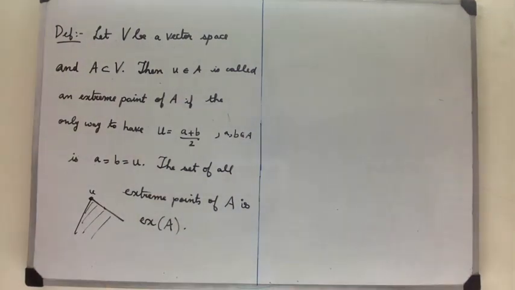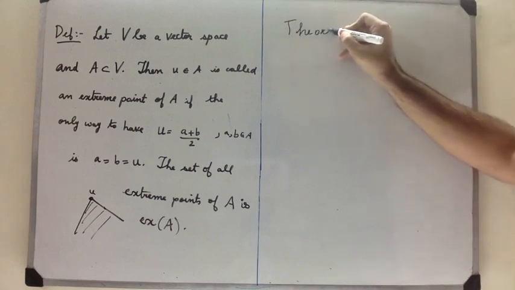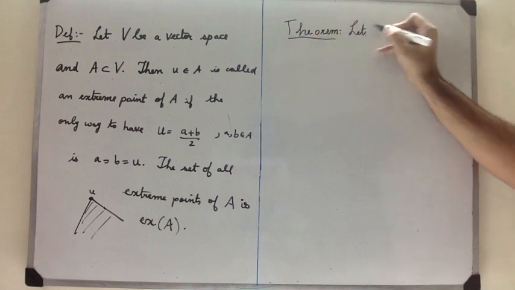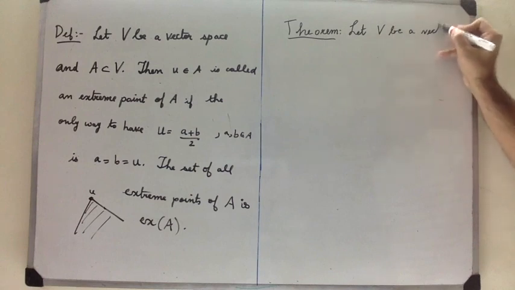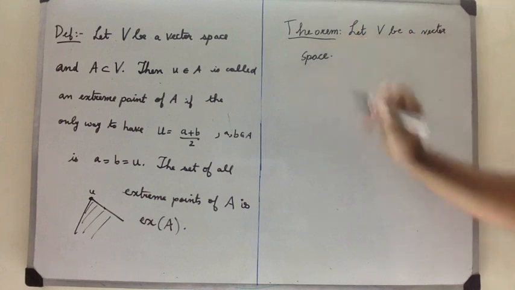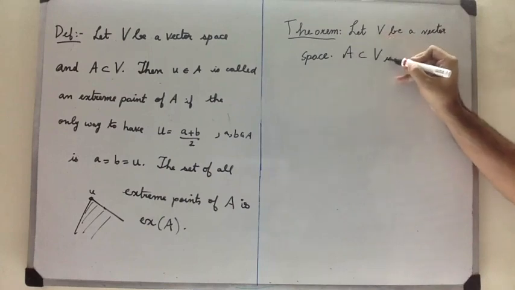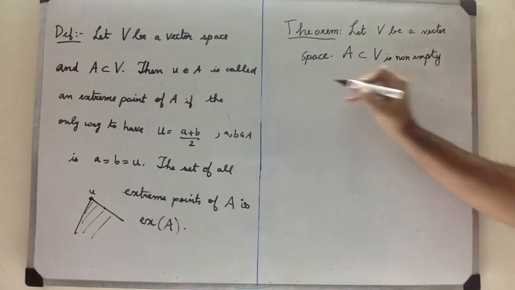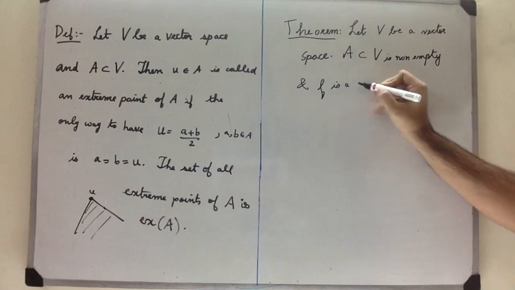We will now state a useful theorem connecting extreme points to functions. Let V be a vector space, A contained in V be non-empty, and f be a linear function.